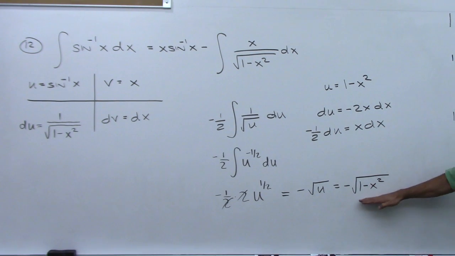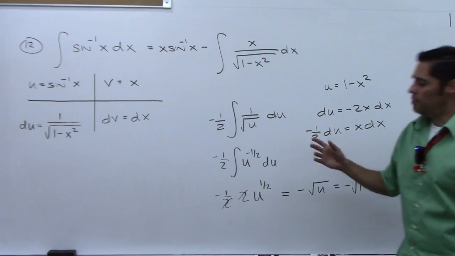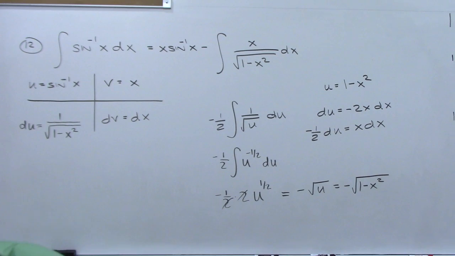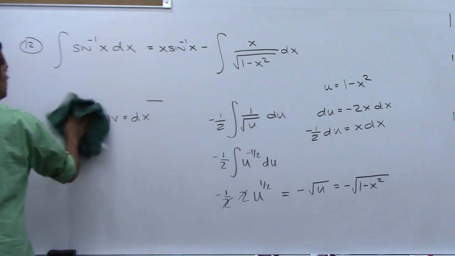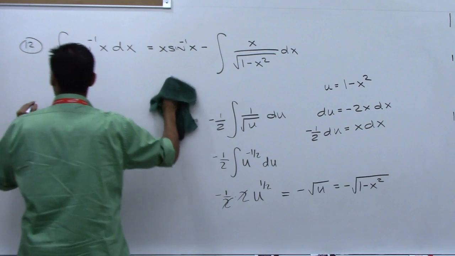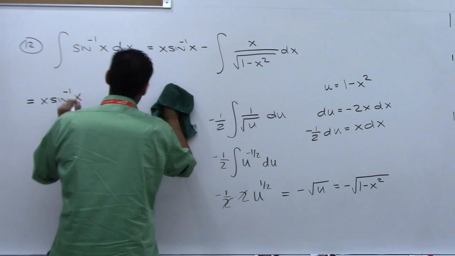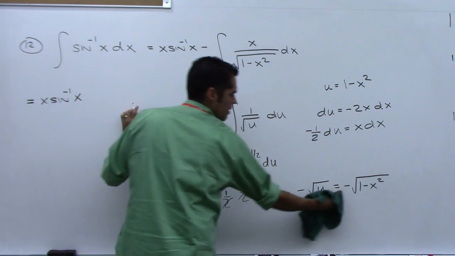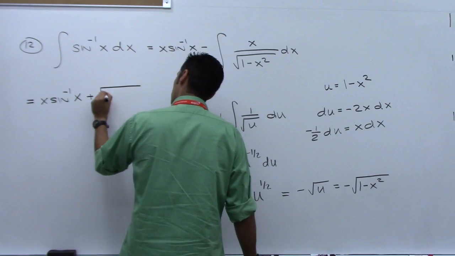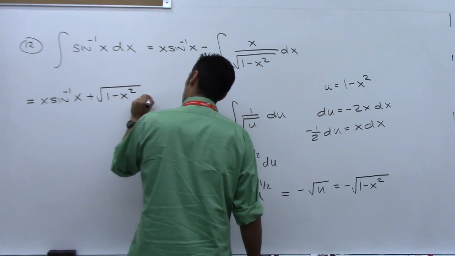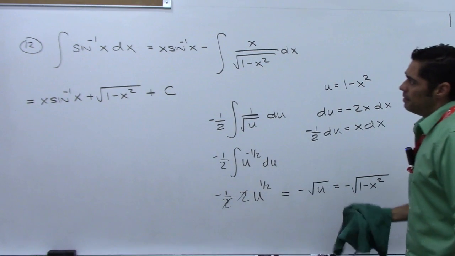So this whole integral becomes this. And so my final answer is going to be this piece here, x arc sine x, and then minus this, but there's 2 negatives there, so plus square root of 1 minus x squared, plus some constant. And that's it.